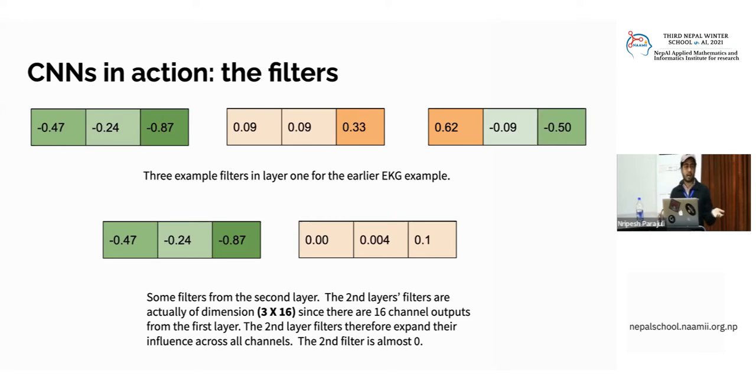Why? I don't know. That's what it learned, but I have some intuition, which we can see in the examples. I'll show you what it actually does to the signal, but remember ReLU, right? ReLU only activates on the positive values and deactivates on the negative values.